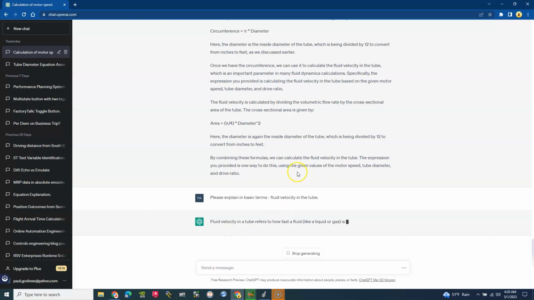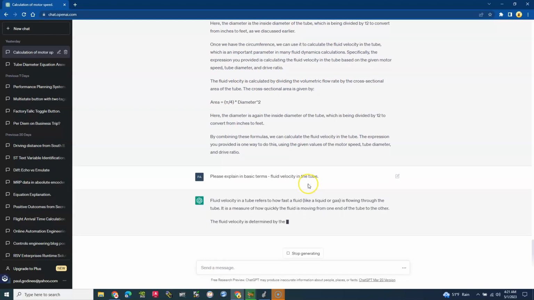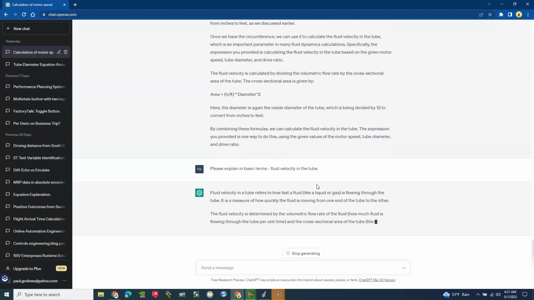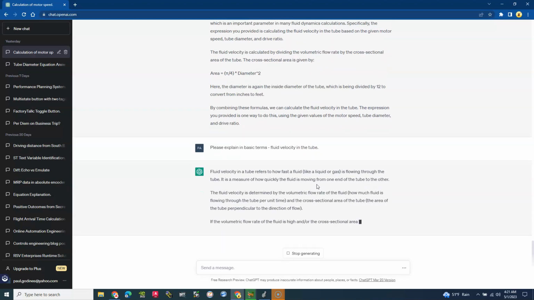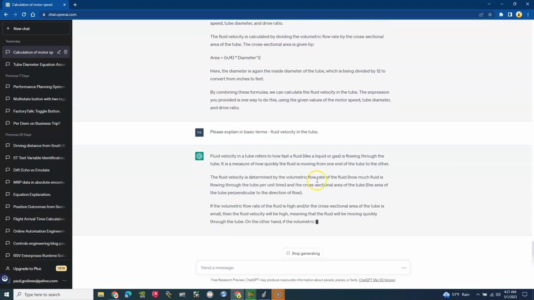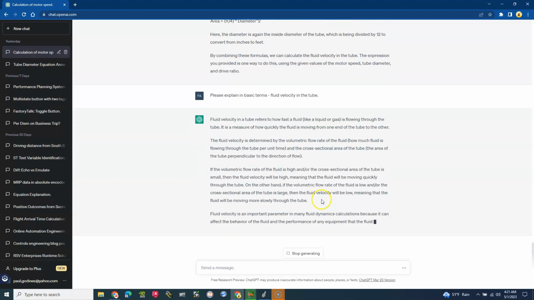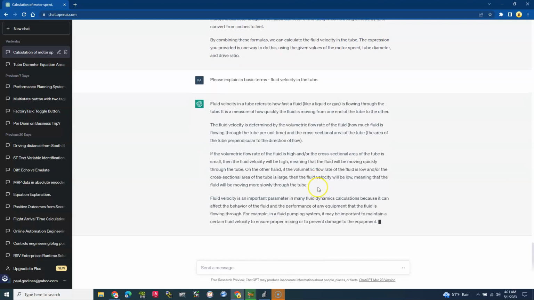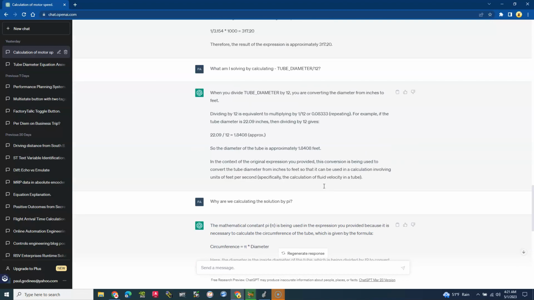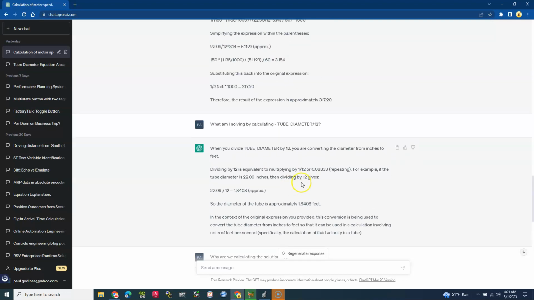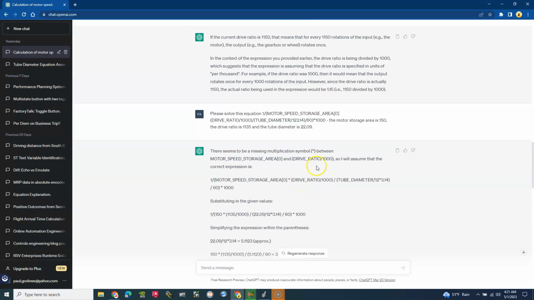And it will tell you what that fluid velocity in the tube is. Now, I'm going deeper into certain points of this calculation than I did before, but I'm just sharing with you how you can use this tool to break down an expression even further so that you thoroughly understand each piece of the expression. You're not just doing it and thinking it's going to come up with the solution, right?